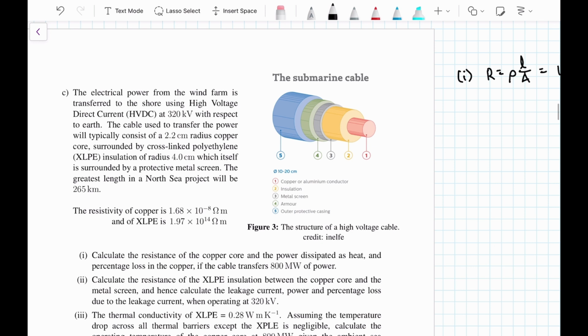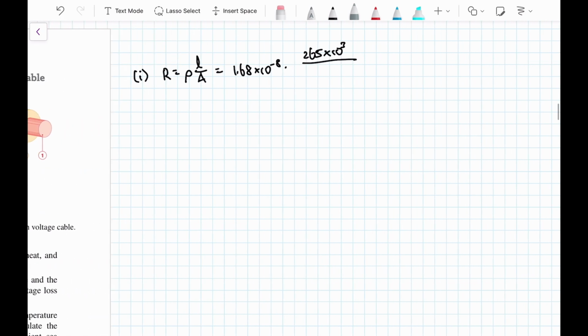The area, it said, consists of a 2.2 centimeter radius. So that will be 0.022 squared times pi for the area.